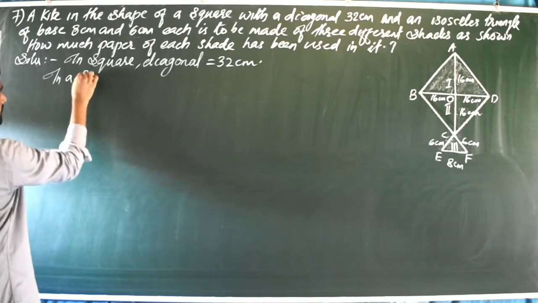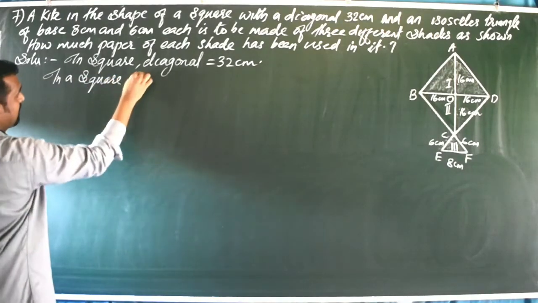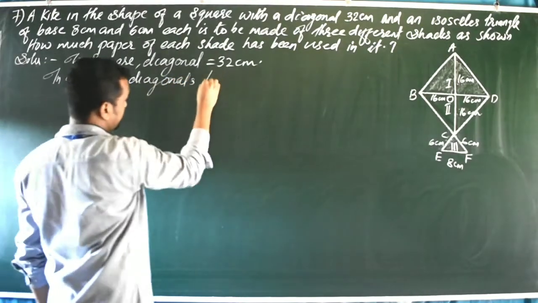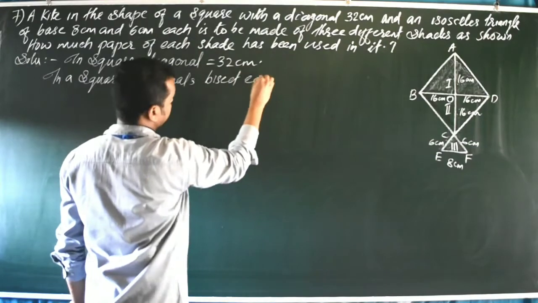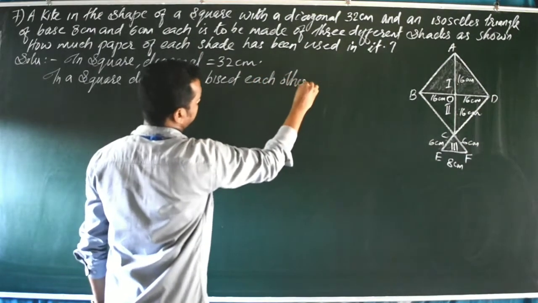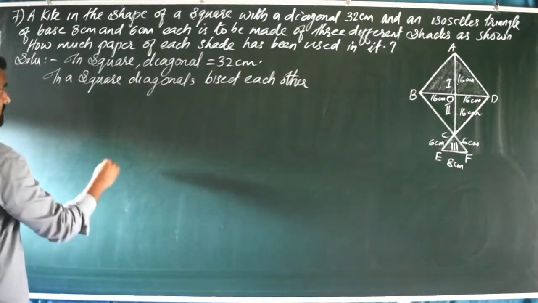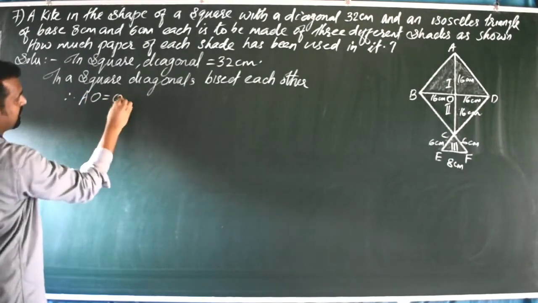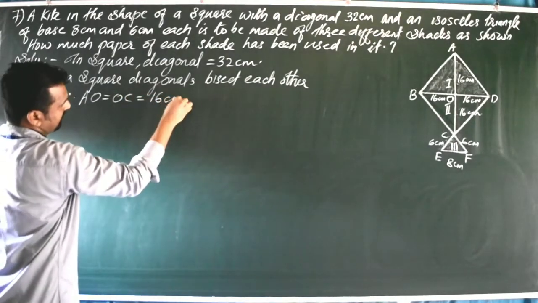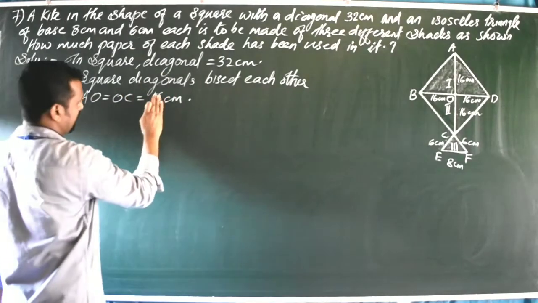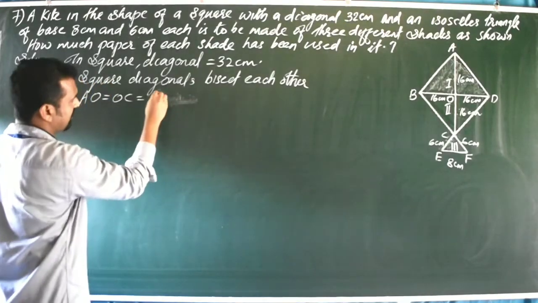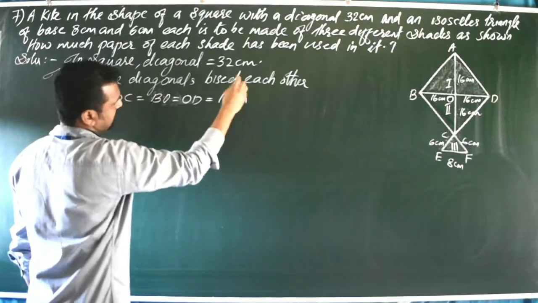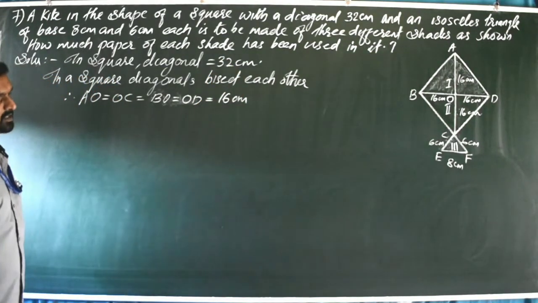Then we can write in a square diagonals bisect each other. Therefore, we can write AO is equal to OC is equal to how much centimeter? 16 centimeter. Or we can write AO is equal to OC is equal to BO is equal to OD is equal to 16 centimeter. 32 divided by 2, that is 16 centimeter.